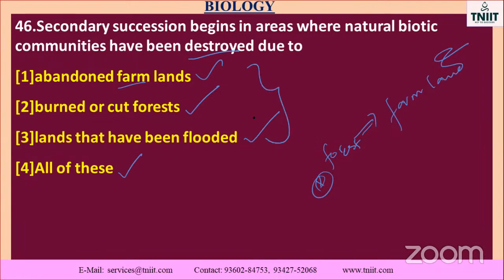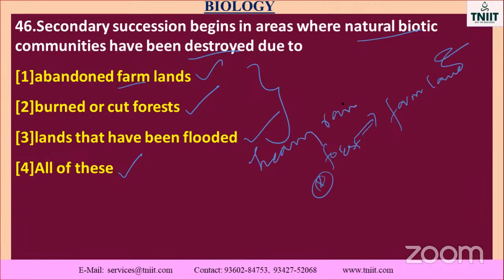All the three are due to destruction. What happened? The secondary succession begins in the area where natural biotic communities have been destroyed. Normally, the natural biotic community is destroyed due to these factors: abandoned farmland, then burned or cut forest due to some natural disaster or manually, and land that has been flooded due to water, heavy rain.